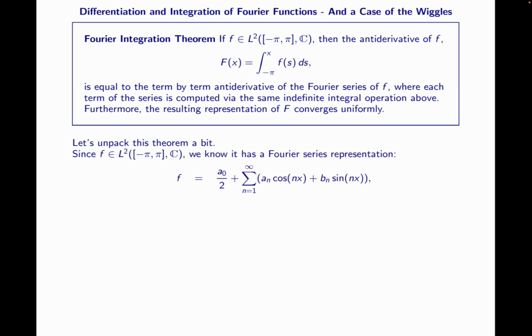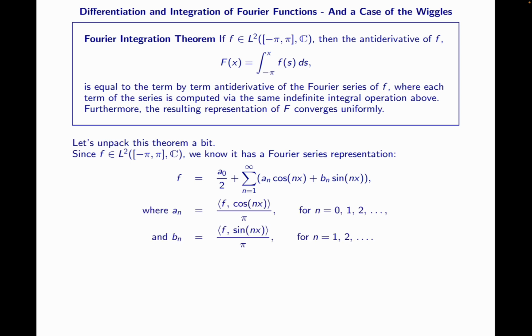Since f is L2, we know it has a Fourier series representation, where that equality implies that the series to the right of the equality converges to f in mean. If we were to evaluate this series for any x, it's equal to f of x everywhere except for some set of measure 0.